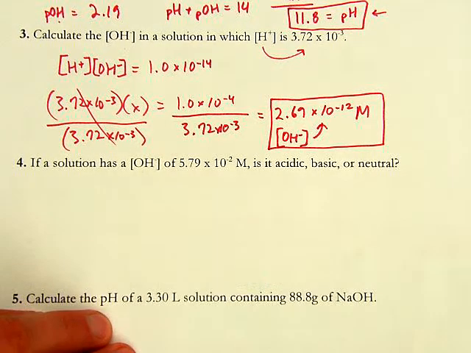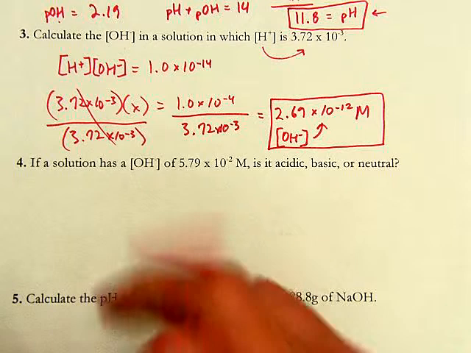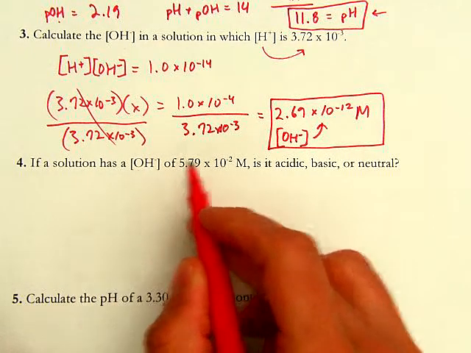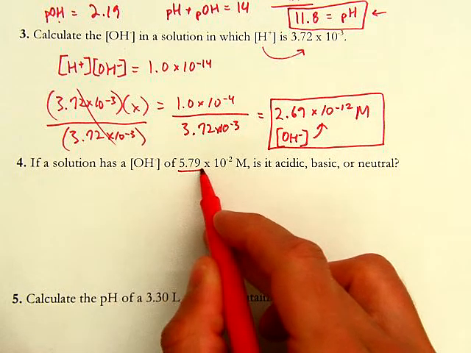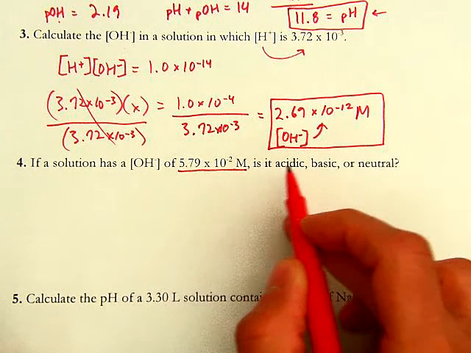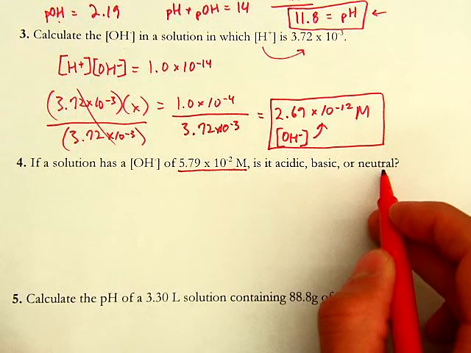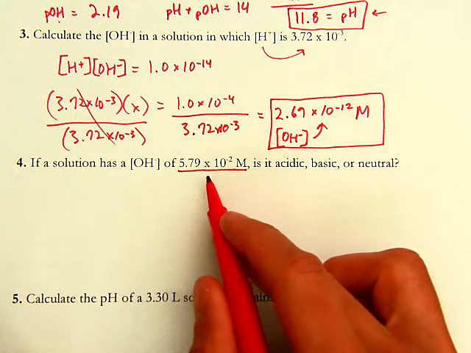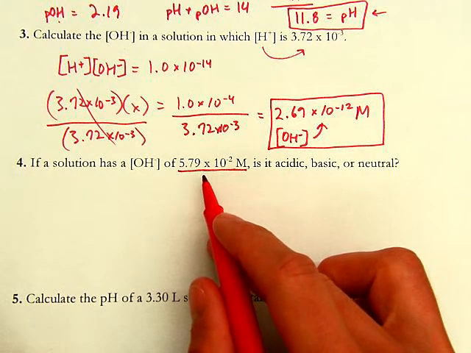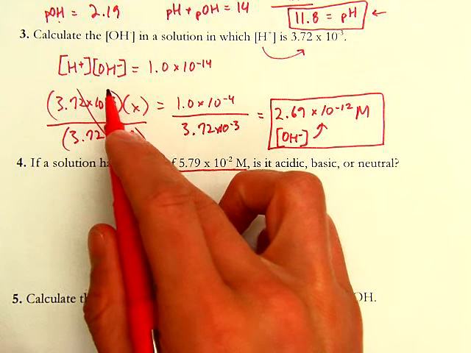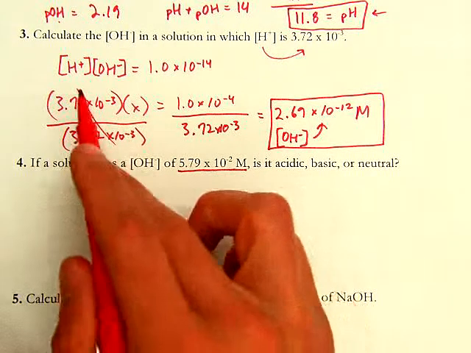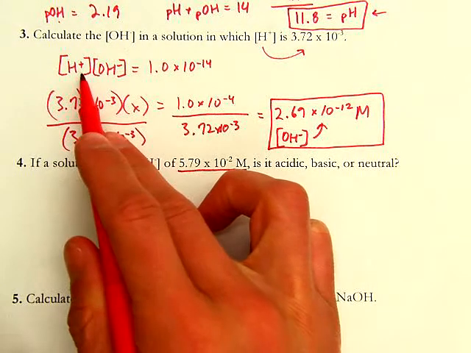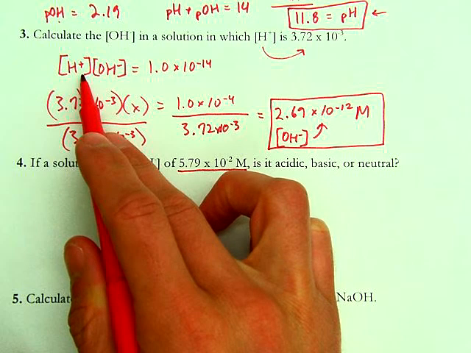Next problem. If a solution has a concentration of OH of 5.79 times 10 to the negative 2 molarity, is it acidic, basic, or neutral? So we can do this multiple ways. Just like above, we could plug this in and solve for the concentration of H, and then take the negative log of that to find pH.